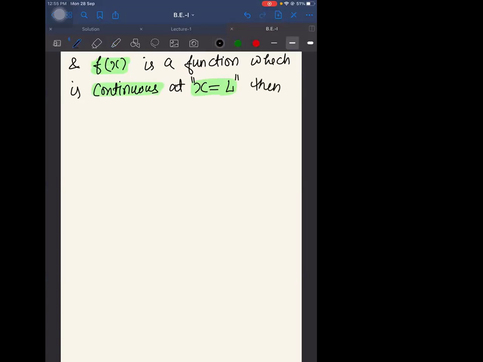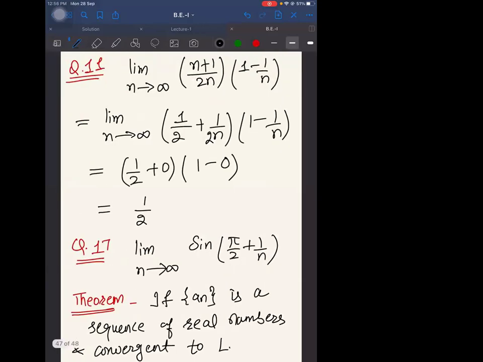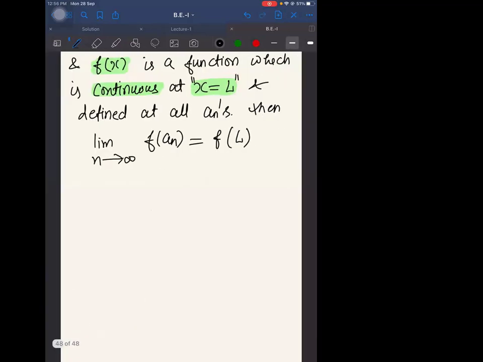And f is defined at all the an's, then limit n tends to infinity f of an is also equal to f of L. So in our case, we have a function, and we want to find out this thing.